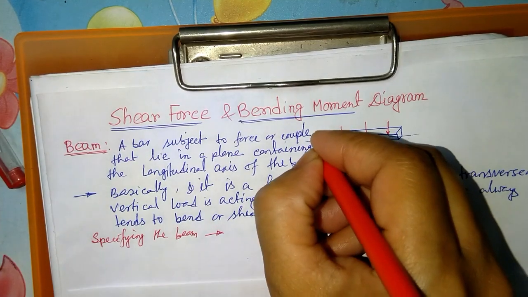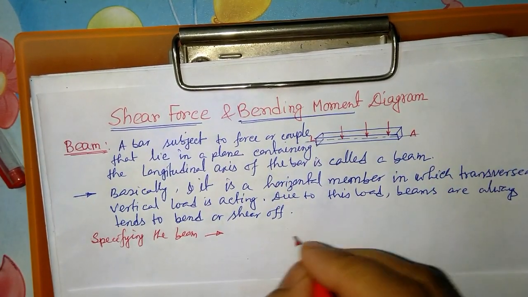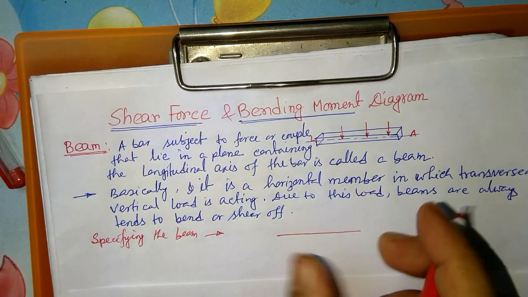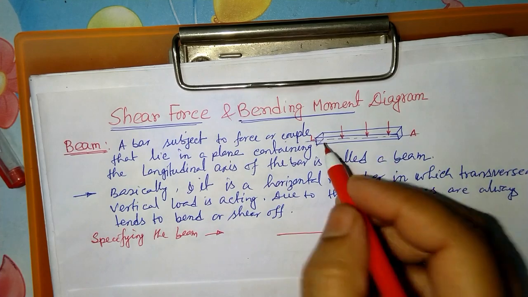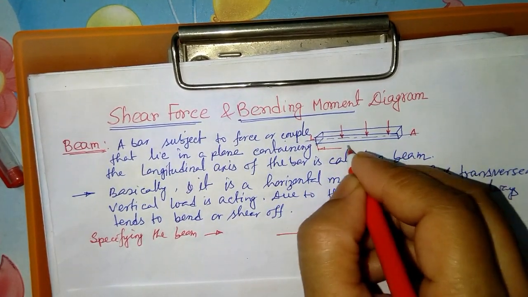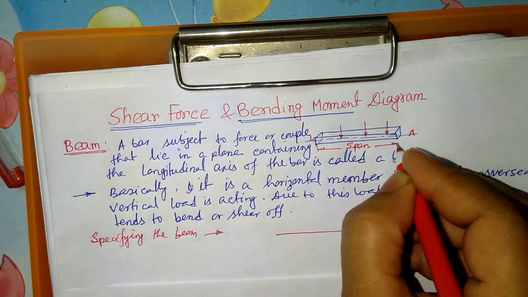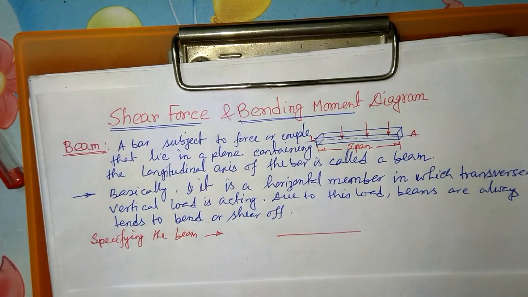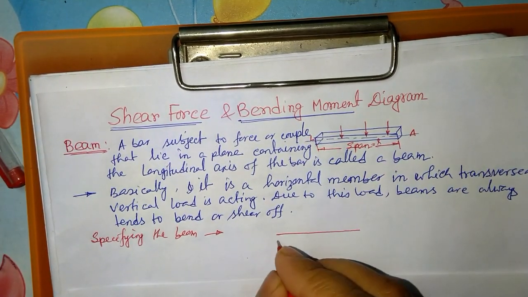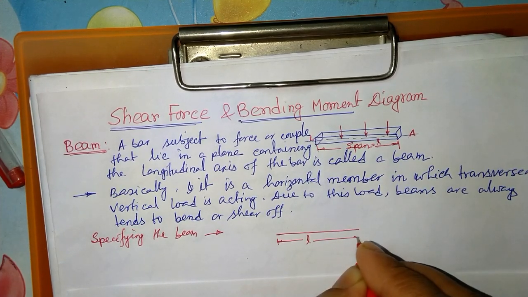If we say this is LA, meaning longitudinal axis, we have to draw this longitudinal axis. The length of this longitudinal axis is called the span of the beam. Suppose this span is L. So we need to define this length of the beam.